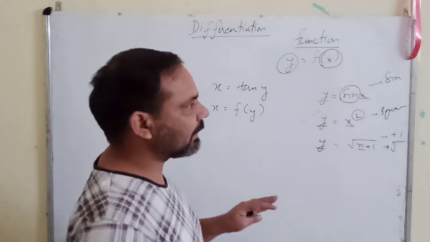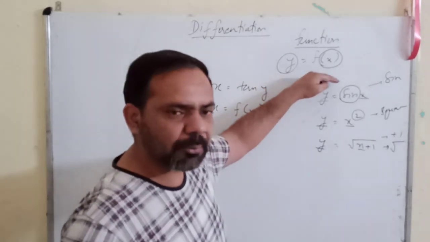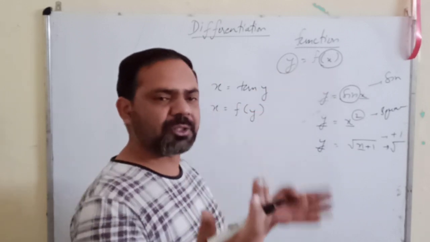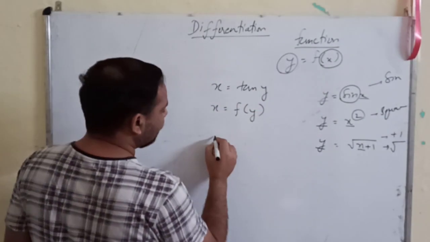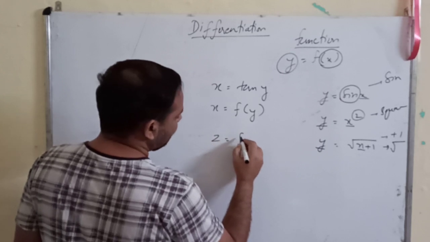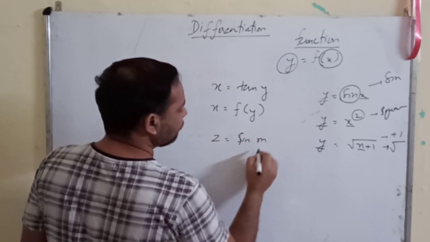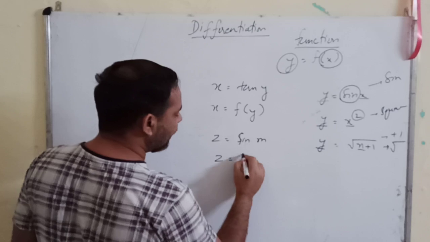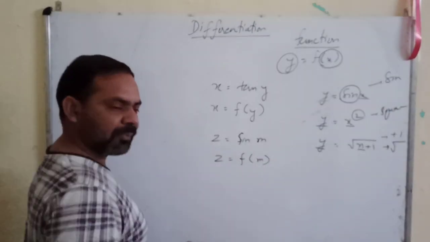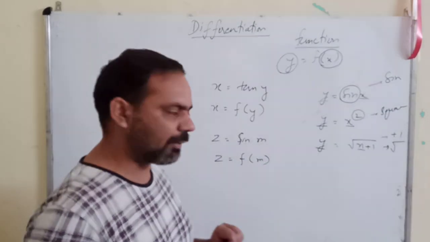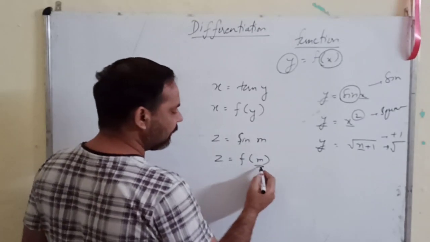You must understand that this is only a general notation. The variables can be changed also. Suppose you have z equals sin m. So here this function is z equals f(m), because you are applying a function on m and you are getting z.